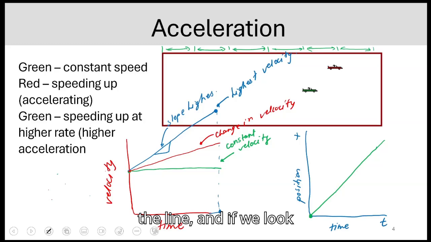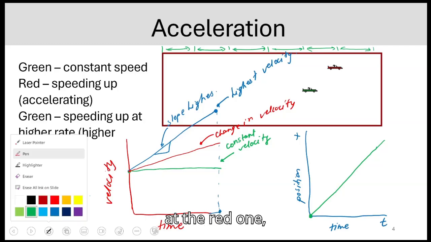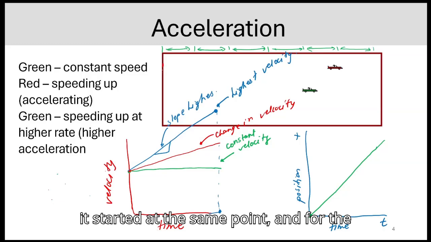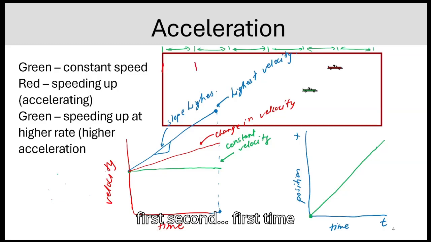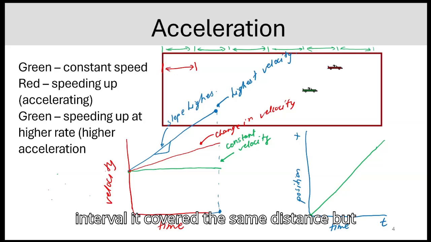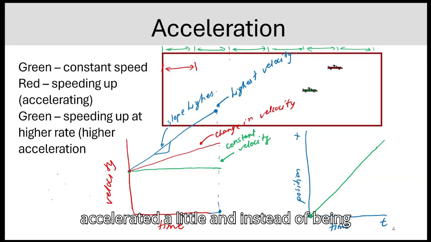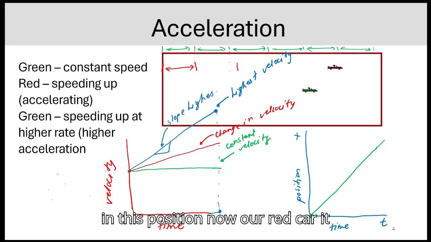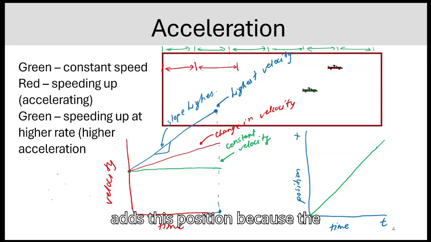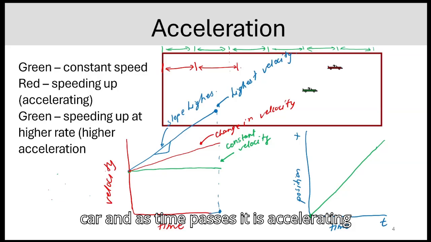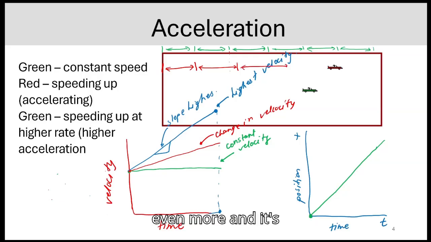And if we look at the red one, it started at the same point, and for the first time interval it covered the same distance, but as time passes, for the second it accelerated a little, and instead of being in this position, now our red car is at this position because it's speeding up, it's covering more distance compared to the green car, and as time passes it's accelerating even more.